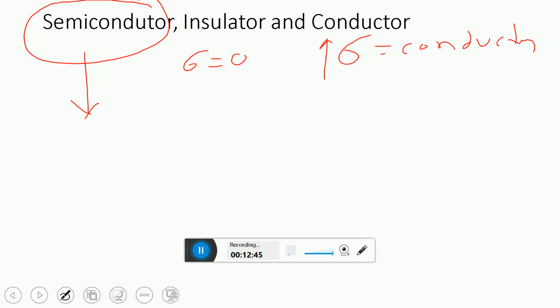Mainly, the conductivity is inversely proportional to the resistivity. Rho is known as the resistivity.